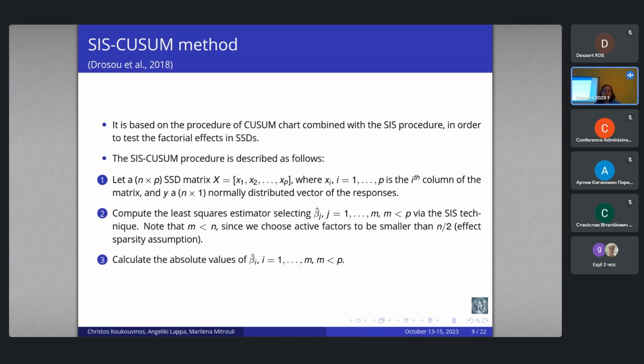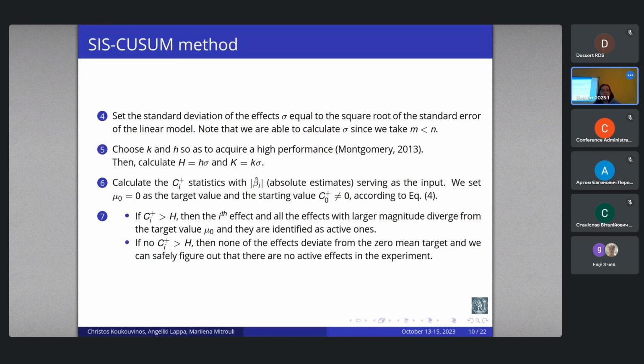Using X, which is the SSD matrix, and Y, the normally distributed response, we compute the least squares estimators using the SIS method from 1 to m, where m is less than p. This can happen because m is less than n, since we choose active factors up to half of the range. Then we calculate the absolute effects of beta i, and using the absolute effects, we can calculate the upper statistic Ci plus.